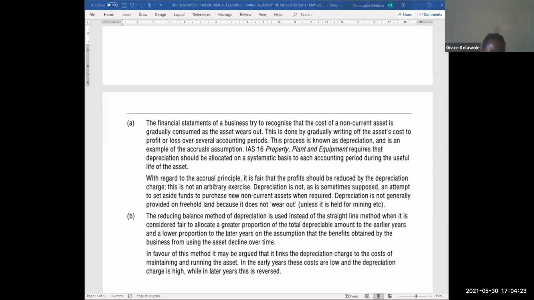In favor of this method, it may be argued that it links the depreciation charge to the cost of maintaining and running the asset. In the early years, these costs are low and the depreciation charge is high, while in later years, this is reversed.